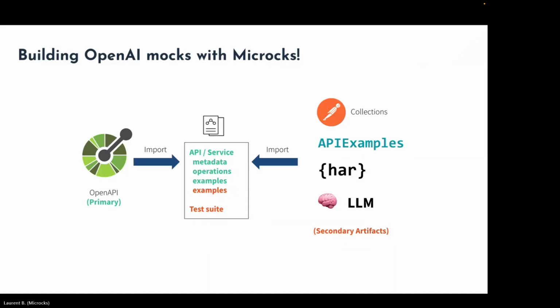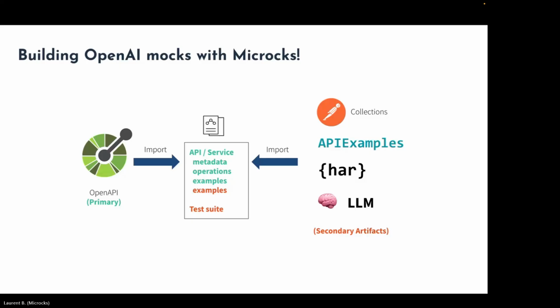One thing that is interesting and important to understand is that in Microcks, we don't have just one artifact that allows you to define one API simulation or test suite. The more you put in Microcks, the richer the test suite and the simulation will be. And in fact, we have this multi-artifact support.